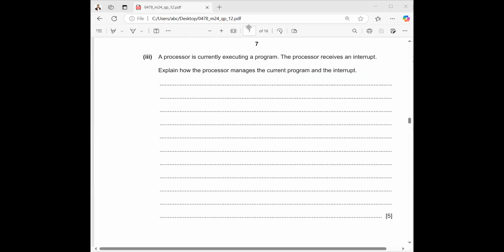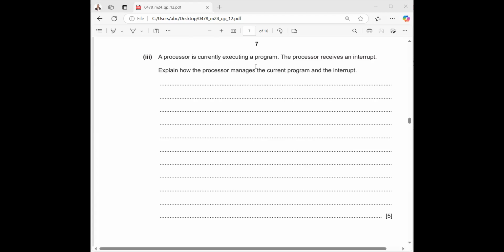For example, if an error has a high priority, that error has to be solved at the earliest. Similarly, you have medium level and low level interrupts, or you can call them errors, so they are solved respectively.